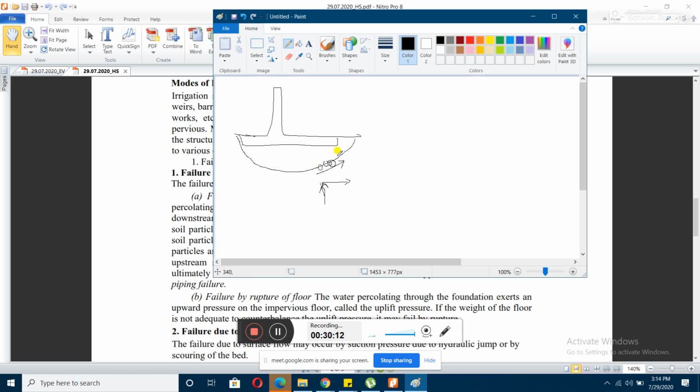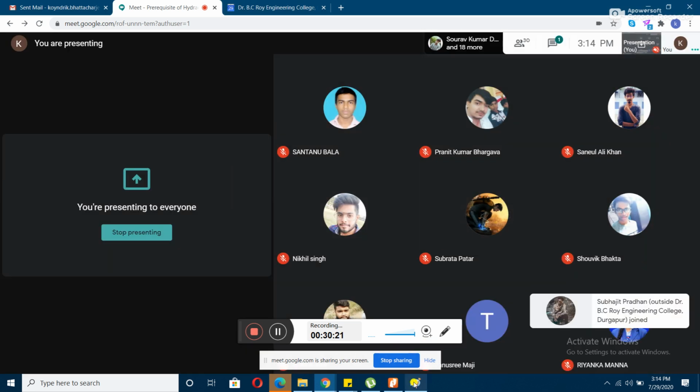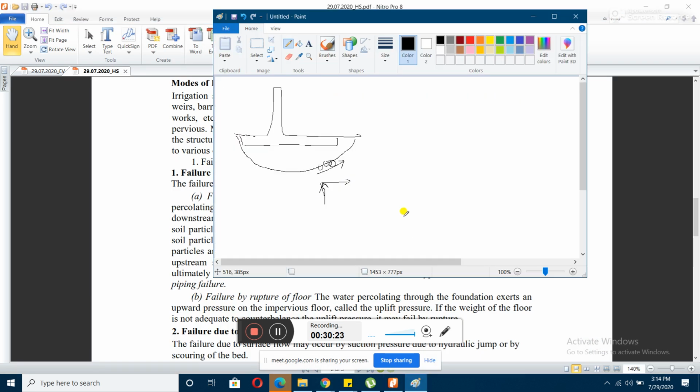And due to this hollow, the previous particle also starts to get washed away. The previous particle, just adjacent to this soil particle, also gets washed away. Similarly the previous one also gets washed away, and like this there is complete washing away of the soil particles along this line.